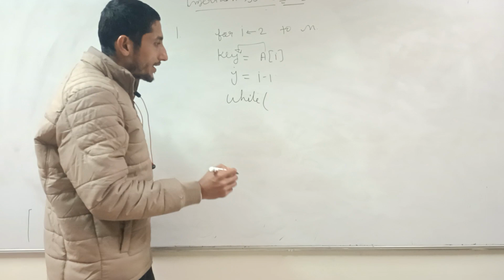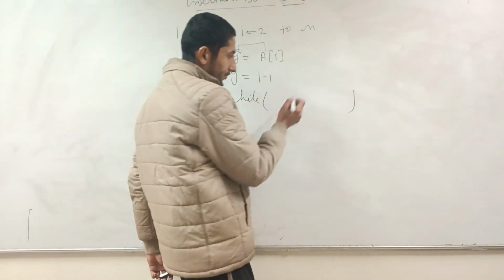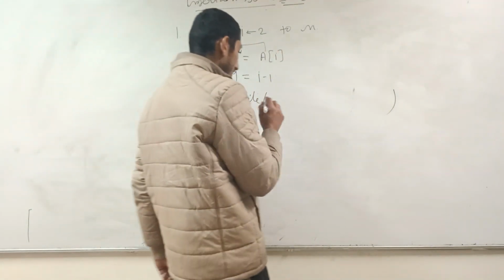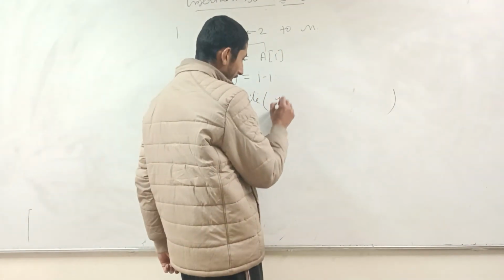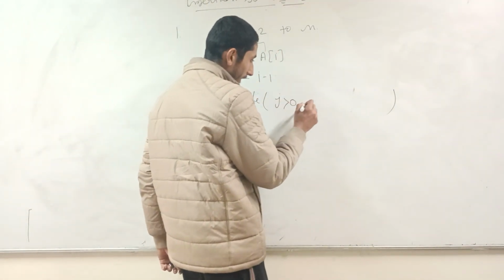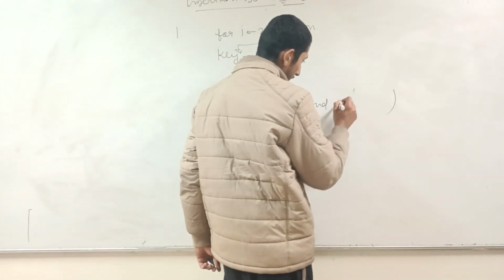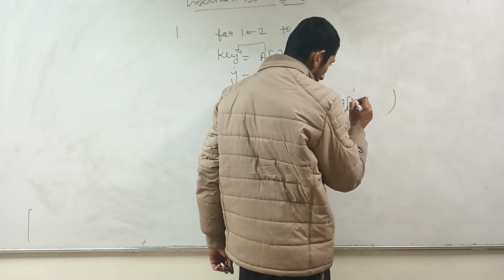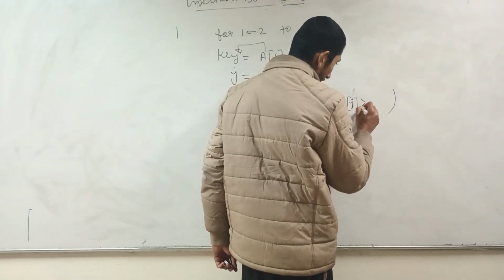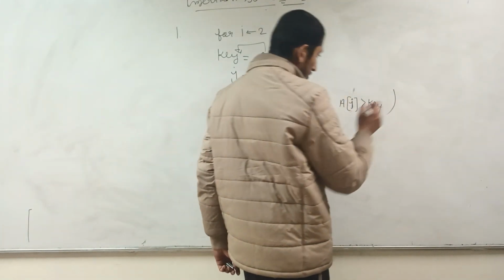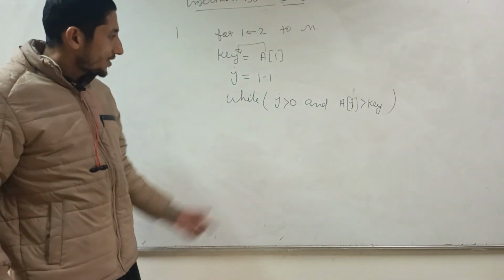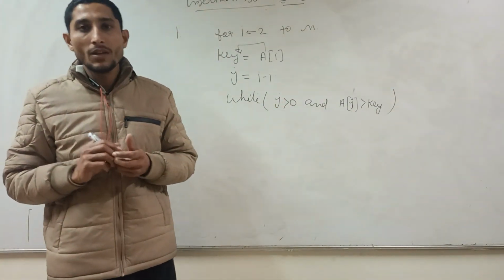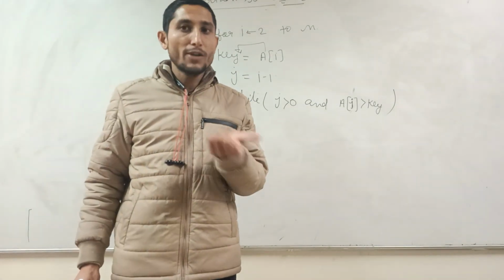Here I will write the condition of comparison. Let me explain these two conditions. The value of j should be greater than 0, which means there should be at least one element to compare.